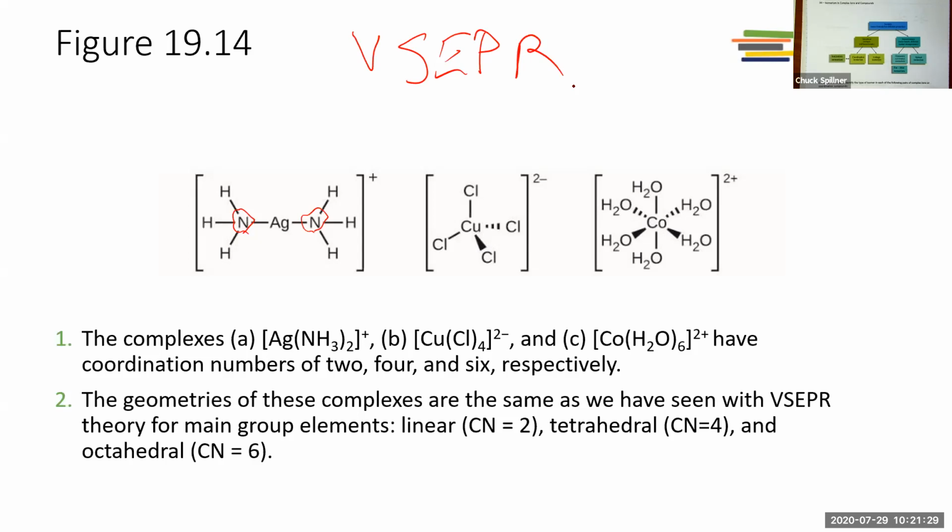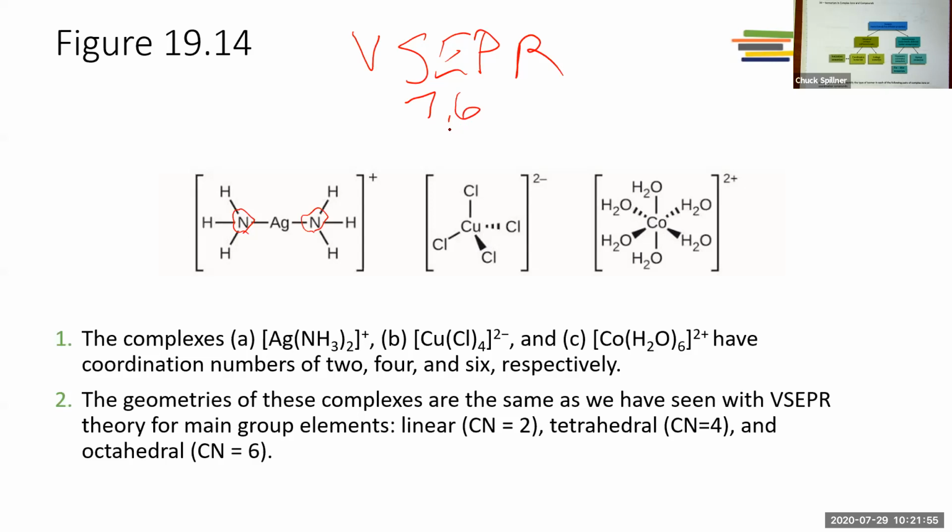If you're a little fuzzy on that concept, you might want to go back and look. It's in chapter 7.6, and the second edition of this book says the VSEPR model. They talk about linear shapes, trigonal planar, tetrahedral, and octahedral. Those are all shapes that we're going to look at in this lecture.